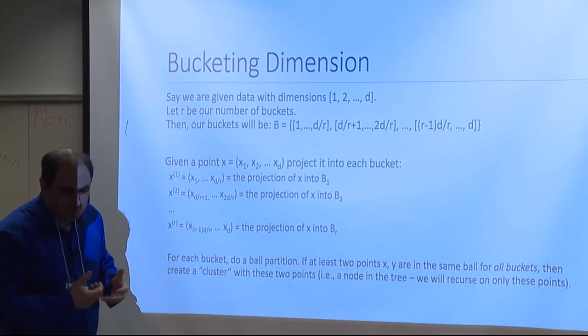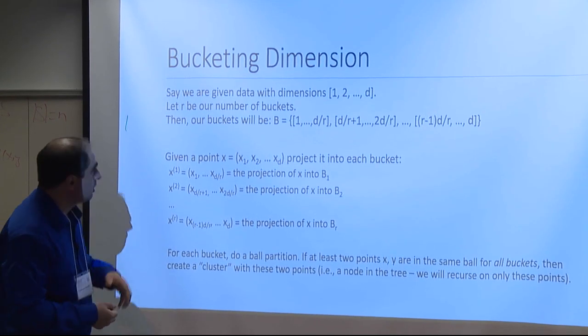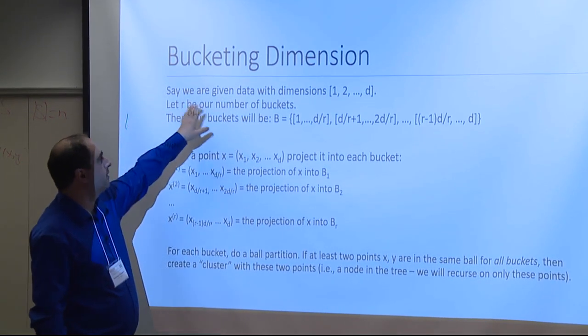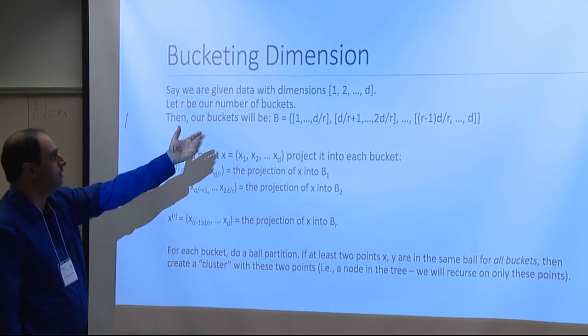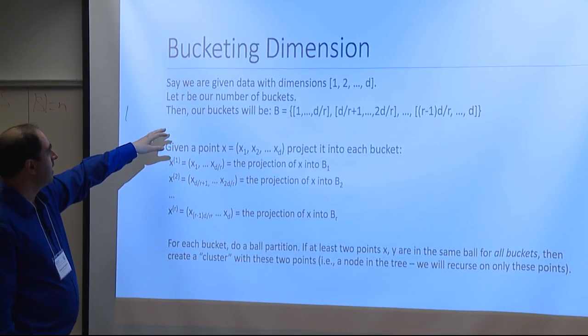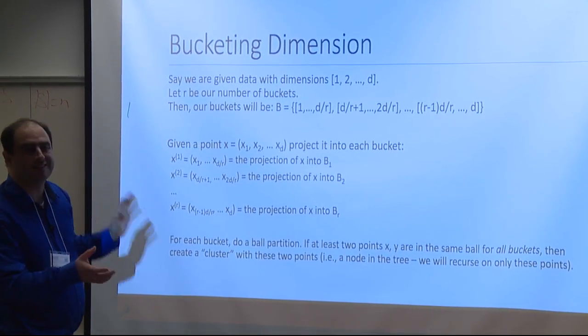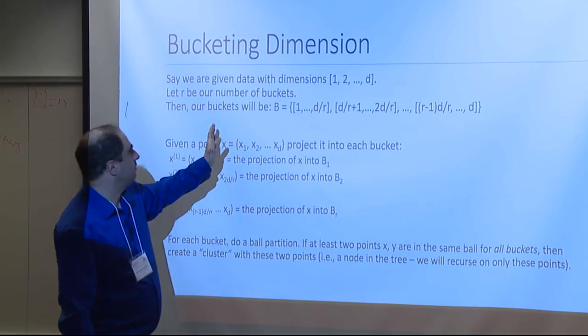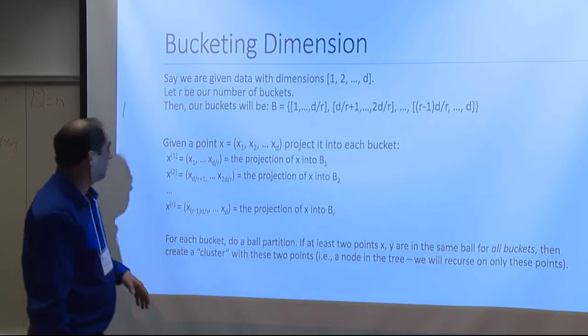So we are doing this kind of bucketing of dimensions. What do we do? We are given some data with dimensions 1 to d, and here is the number of buckets that we want. We will divide the dimensions into r buckets.